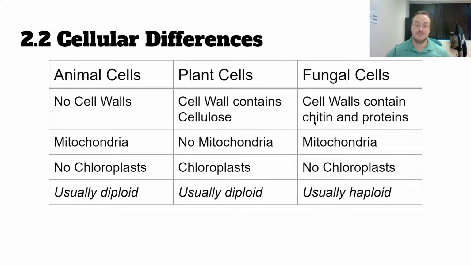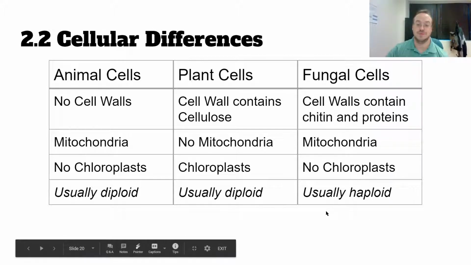So that's the difference in their cell walls. They do have mitochondria instead of chloroplasts, and they are usually haploid. So if diploid meant 2, haploid means 1. So one pair of chromosomes instead of 2 pairs of chromosomes.